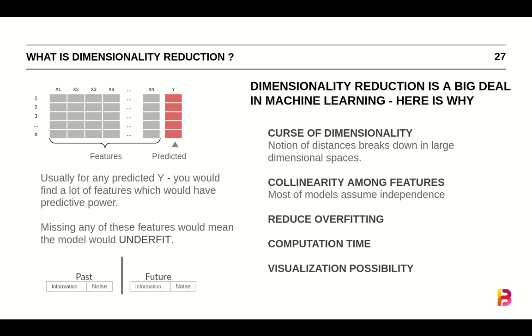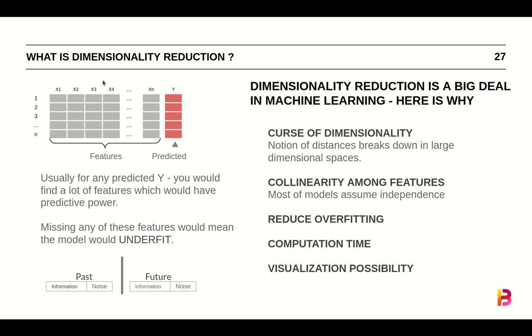And the final and least important factor behind why we want to reduce dimensionality is also the ability to visualize beyond three dimensions. If we are somehow able to summarize this entire data set into only three features, then we can visualize it.